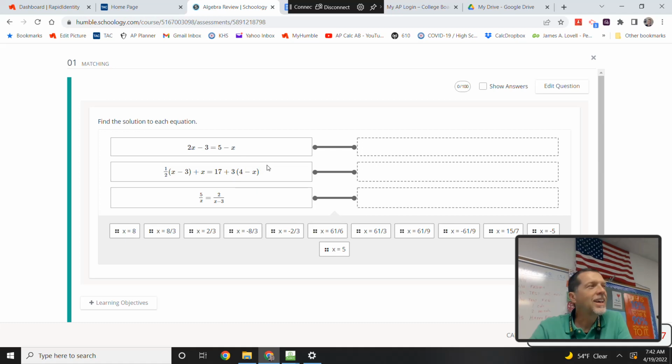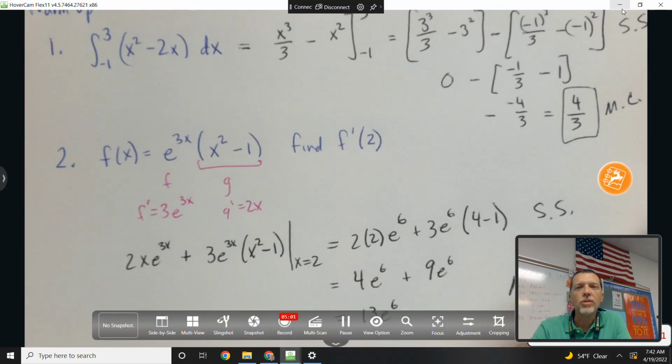It's just that the calculus is hard enough on the AP test, you can't afford to be throwing points away on silly stuff. It's called algebra review, in Schoology. It's self-graded, 20 attempts. That's added to your list of things to do, but it shouldn't take too long.